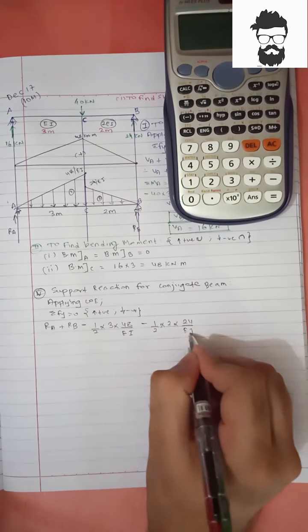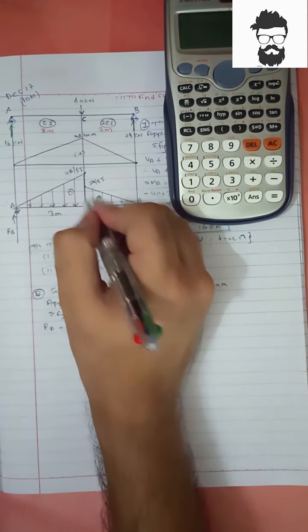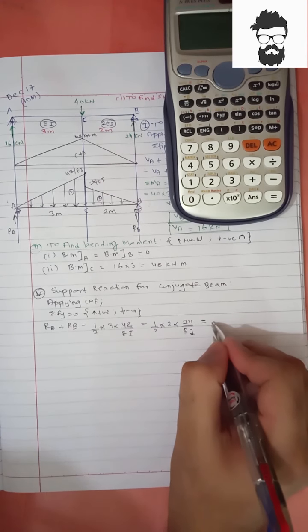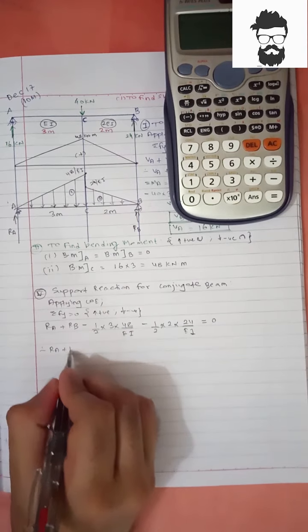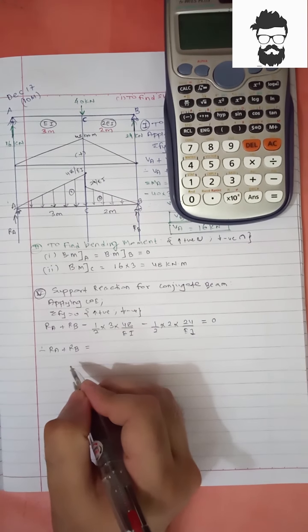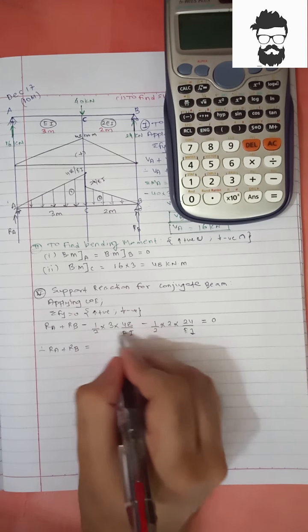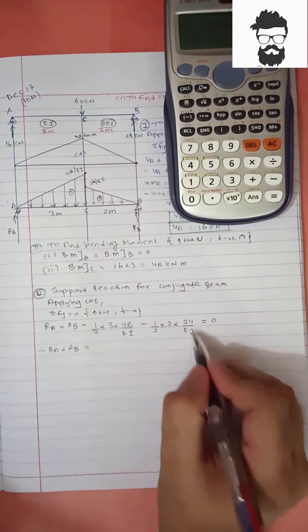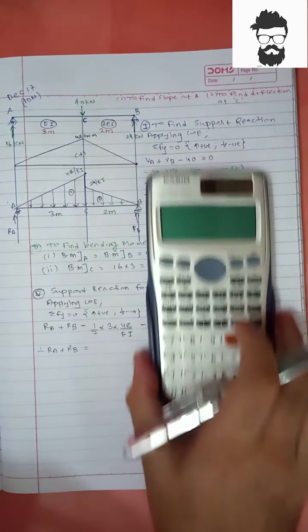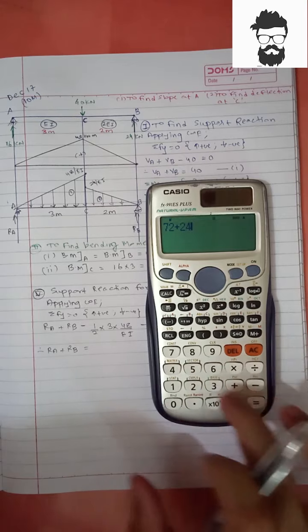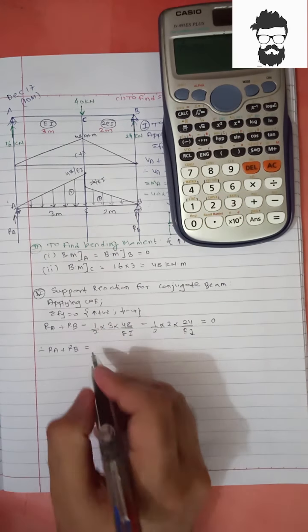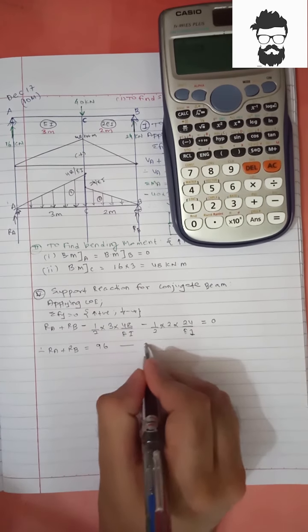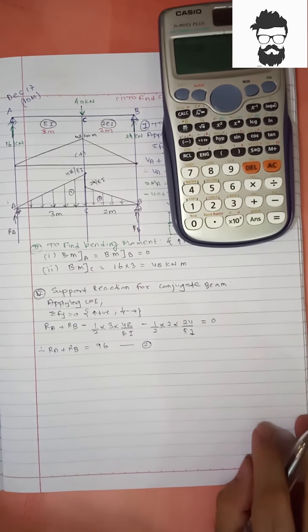The height of second triangle is 24 by EI. This is its height. equals to 0. Therefore RA plus RB is equals to, this will become 72, this will become 24, so 72 plus 24 becomes 96, so minus 96 will become plus 96. This is equation number 2.